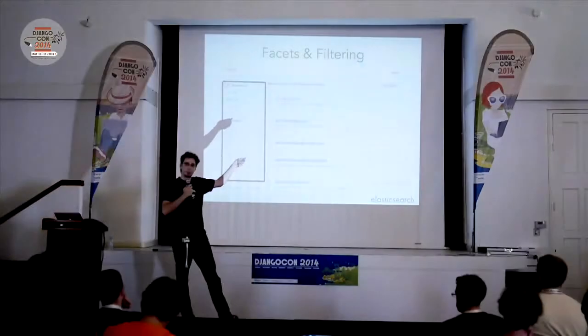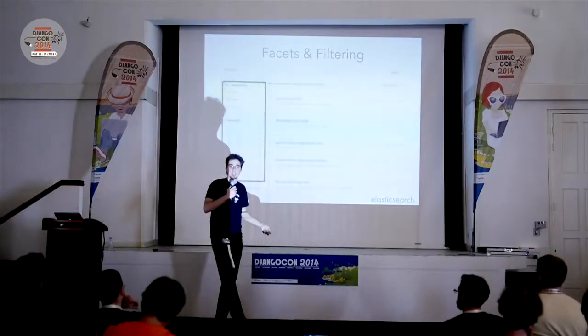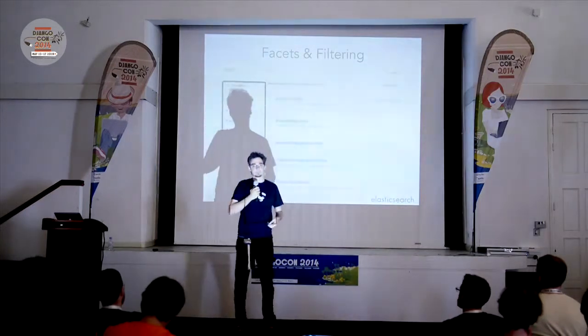The typical one would be by value, which is exactly what's happening here. We have a term for language, and for each value, we create a bucket. And then inside the buckets, we can define aggregations.